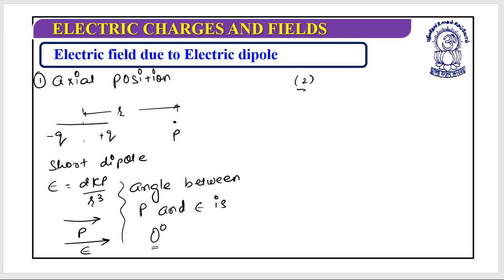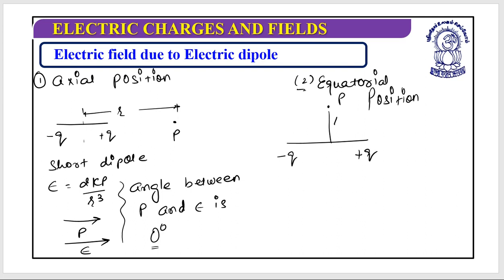Now let's move to the second position. It is the equatorial position. The situation looks like this. This is minus q, plus q. This is point P. Here the separation is r. Let's say we are considering a short dipole. Electric field would be equal to kp by r cube.